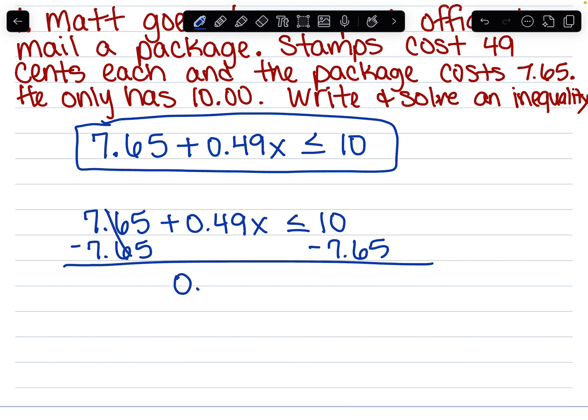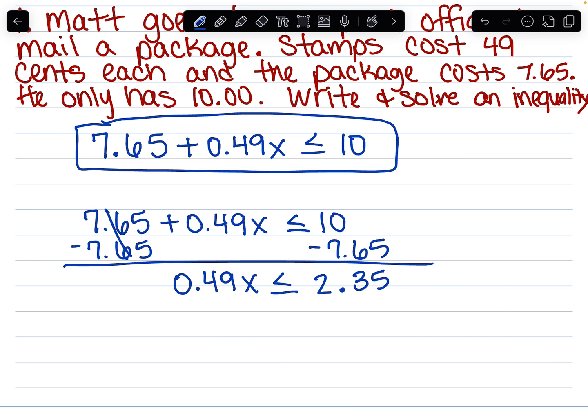So I get 0.49x less than or equal to 2 point what? 35. Good. Hey, just as a reminder, if it was just 10 minus 7, it'd be 3. So anything over 7, it has to be less than 3. Okay? All right, and then everybody tell me what's my last step to get x by itself.